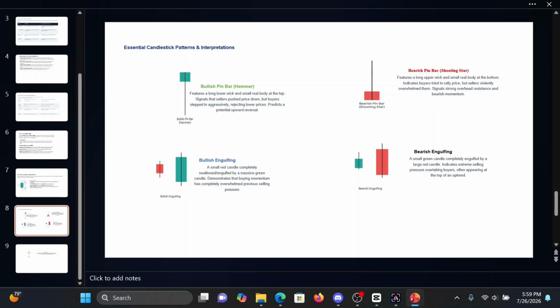This is called the bullish pin bar, and other traders call it the hammer. It shows that price is rejecting lower prices and is going to push higher. It features a long wick and a small real body at the top. It signals sellers pushed price down, but buyers stepped in aggressively, predicting a potential uptrend reversal.